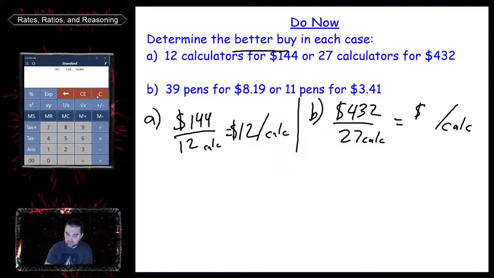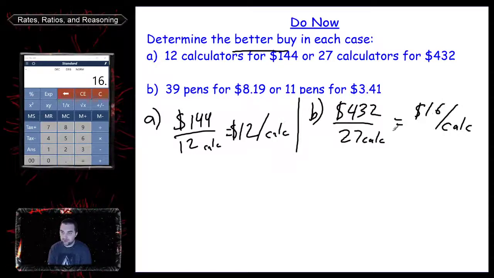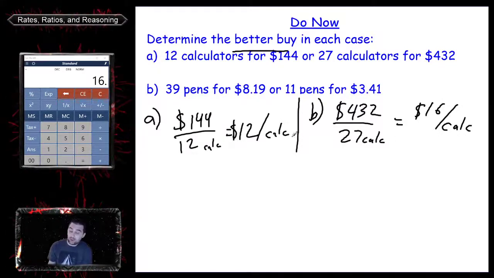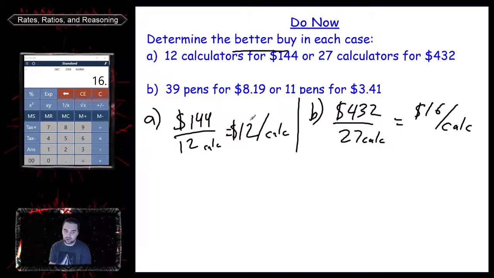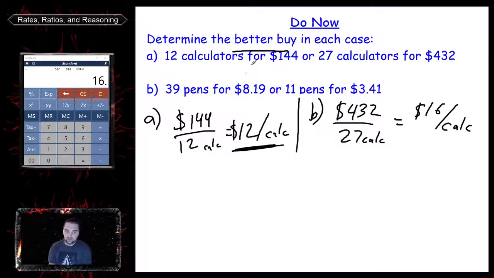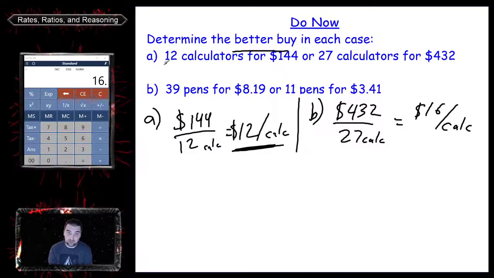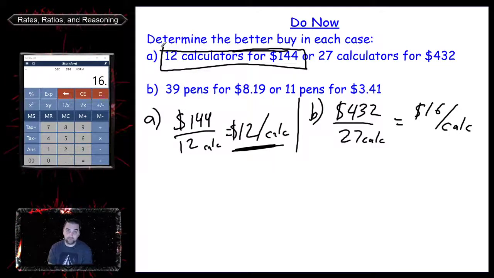So 432 divided by 27 gives me 16. So now I look at these two numbers. Would I rather pay $12 per calculator or $16 per calculator? Well, obviously, I would rather pay $12 for every calculator, assuming that they're the same calculator. So the better value is this one.